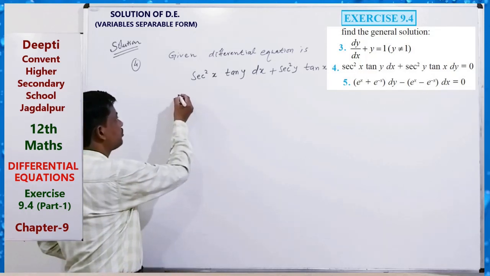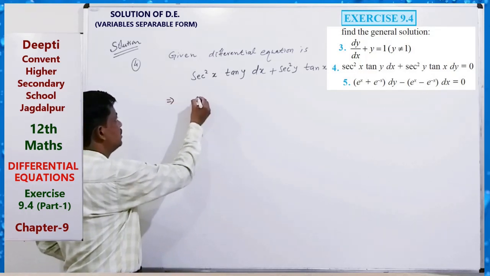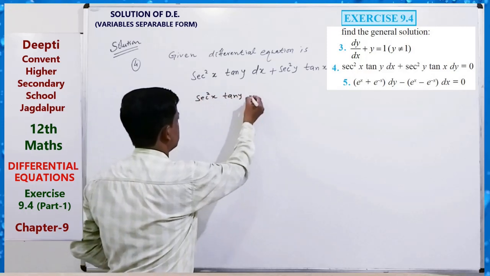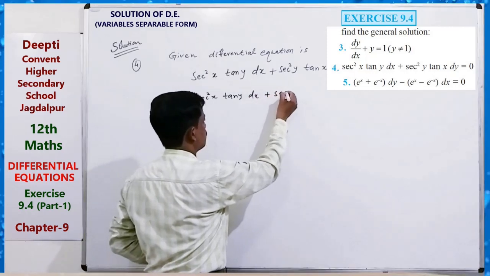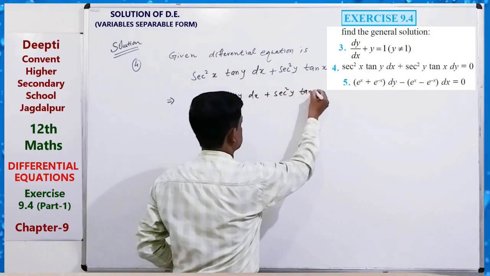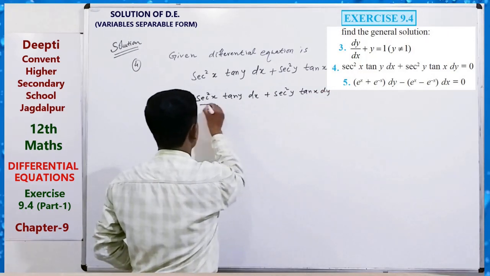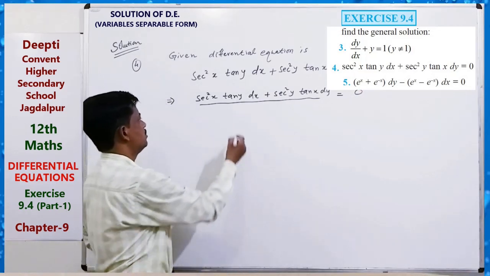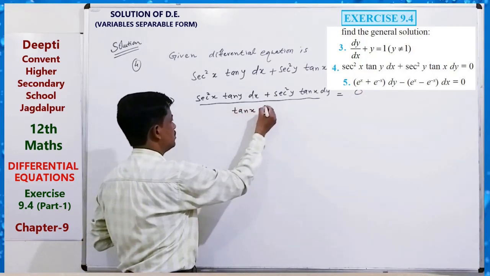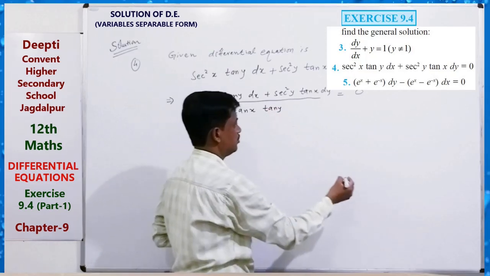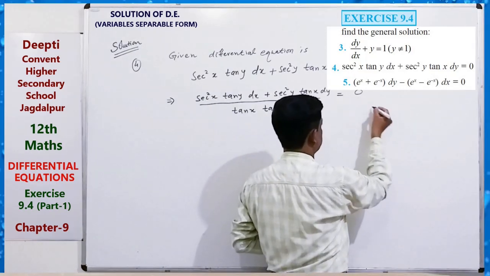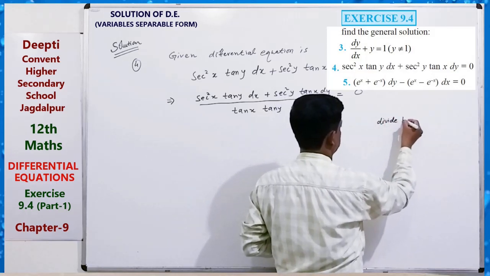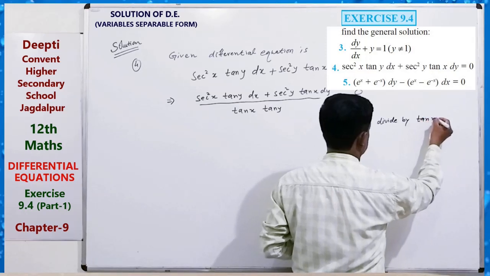So divide: sec square x tan y dx plus sec square y tan x dy, the whole divided by tan x tan y, because the right side is 0, and 0 divided is also 0. On both sides we divide by tan x tan y.